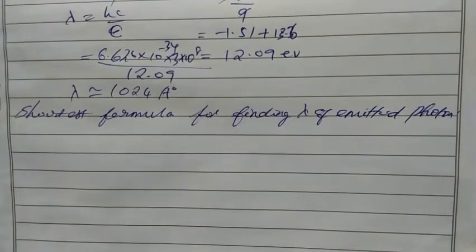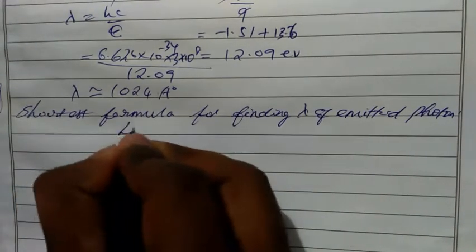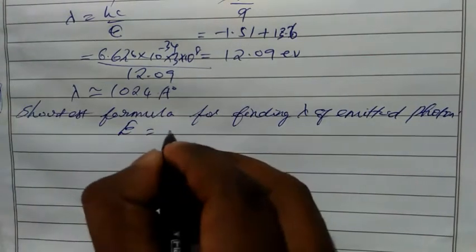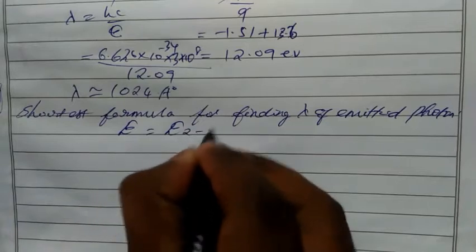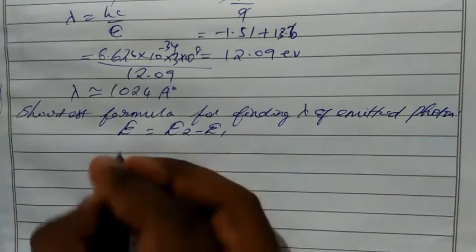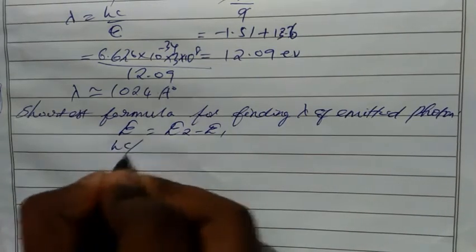We will solve one shortcut formula to find the wavelength of the emitted photon. We know the total energy is the energy between the transition orbitals, so we take E2 minus E1. The formula for E is hc by lambda.